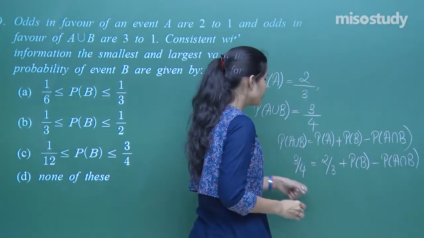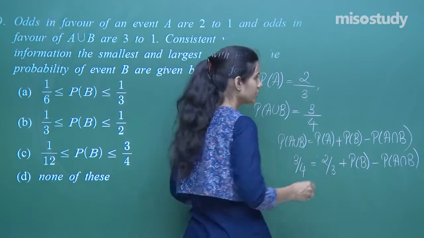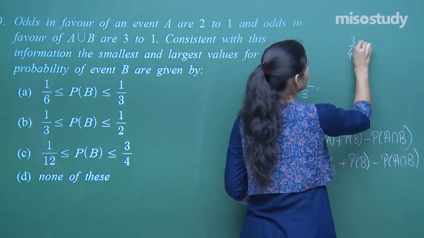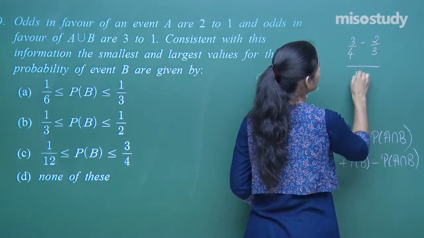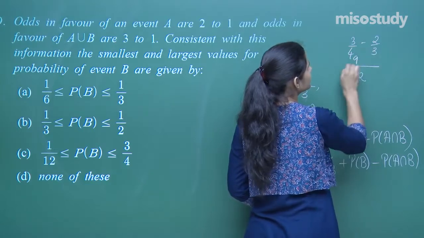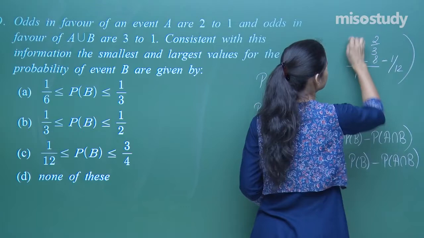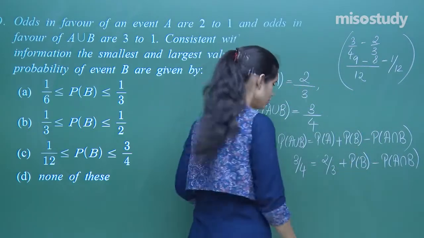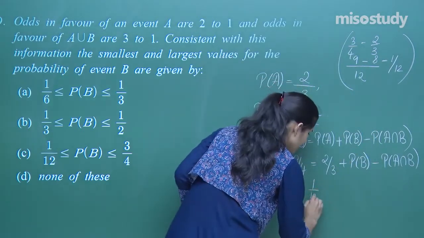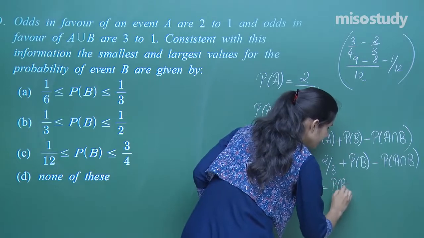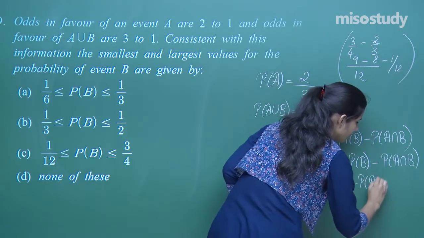So this becomes 3/4 minus 2/3. What is 3/4 minus 2/3? This is 12, this is 9 minus 8, so this is 1/12. So this minus this gives you 1/12 is equal to probability of B minus probability of A intersection B.